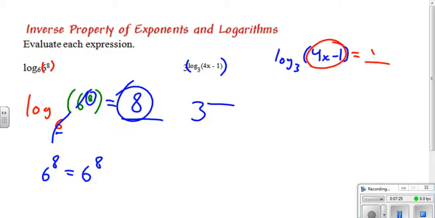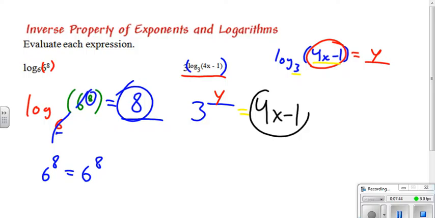So we can call this whole thing y. If this whole thing equals y, and over here we're doing 3 to the y, we know that what we're getting equals 4x minus 1. So in the end, our answer is just 4x minus 1.